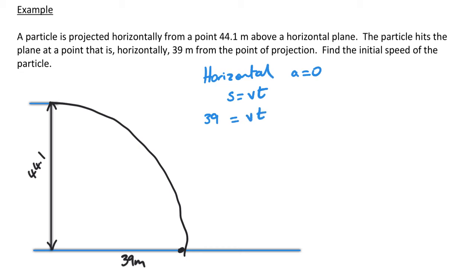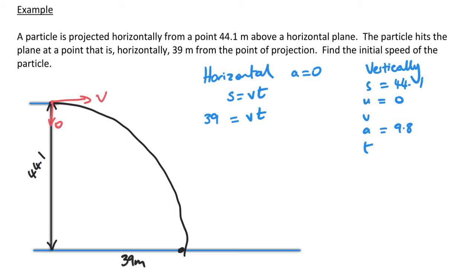So that doesn't tell us very much, so we'll have to look vertically as well. So if we apply suvat vertically, a is gravity, so 9.8. The vertical displacement travelled is 44.1. The initial velocity vertically is 0 because it only has a horizontal component.